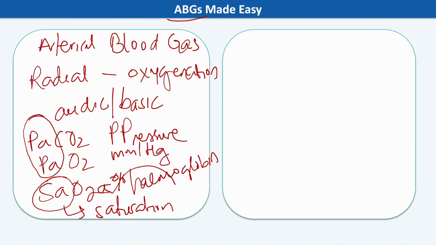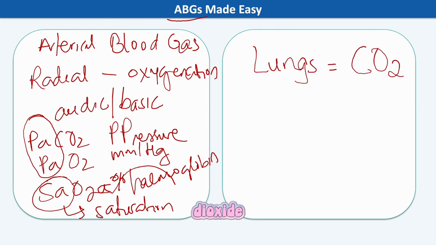Now you have to remember, before we move on with the chapter, the two most important organs involved in maintaining our pH balance. They are the lungs, because they are involved with carbon dioxide.